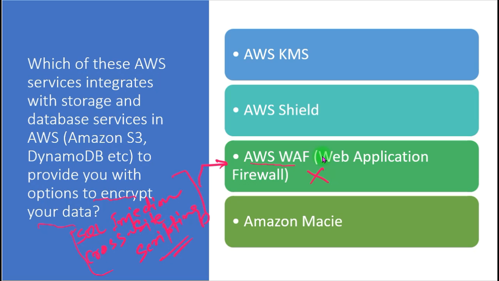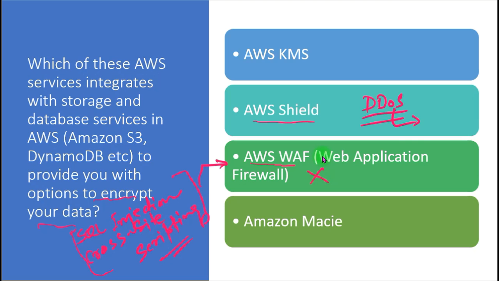Next we will understand what exactly AWS Shield is. AWS Shield service helps us to protect our environment from DDoS attacks. DDoS is distributed denial of service. To understand, if they want to stop your servers from responding, they start sending traffic to the same servers again and again through a script.